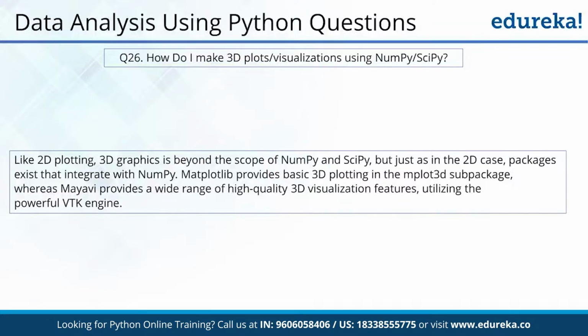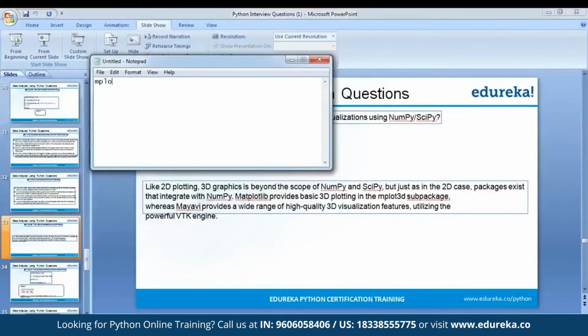You've got different types of libraries which can be used. So you've got the mplot3d subpackage for 3D, Bokeh for 2D, MayaVi for 3D as well, and NVD3. You've got different beautiful charting APIs which you can use.